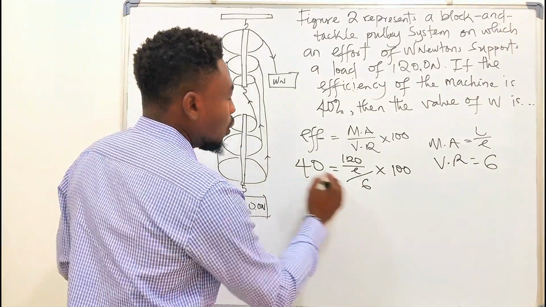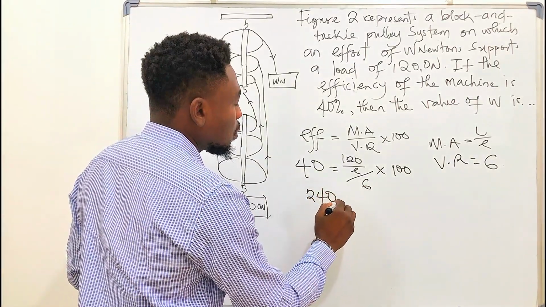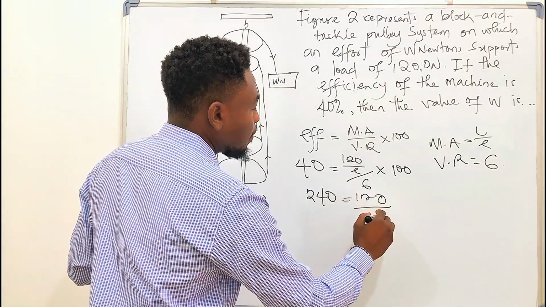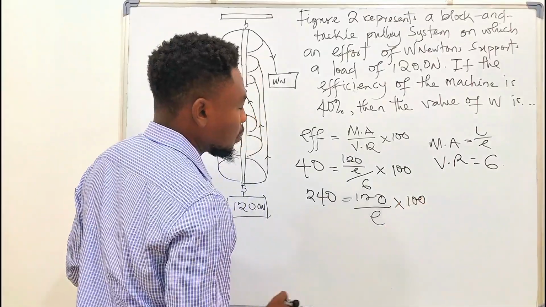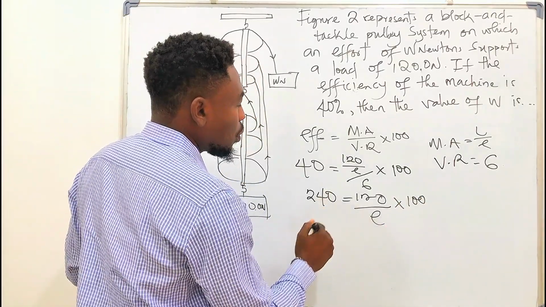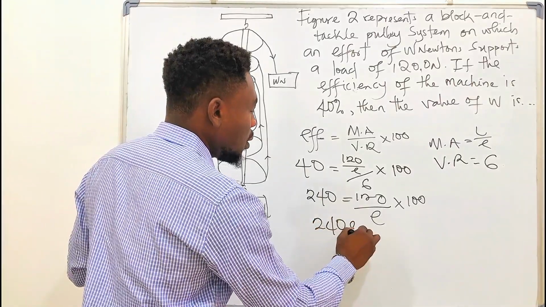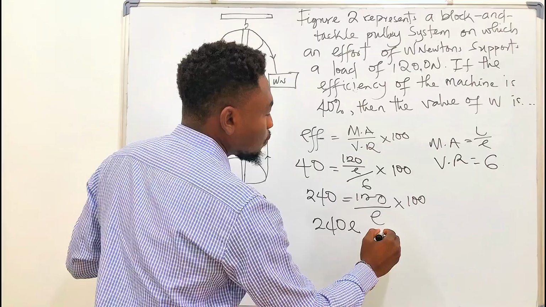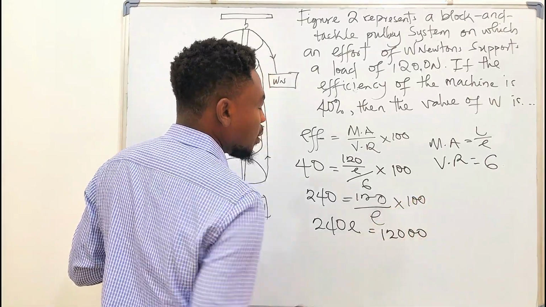So if we cross multiply, we have 240 equal to 120 over effort times 100. So cross multiplying again and then multiplying this, we have 240 times effort equal to 120, then 00, because we're multiplying it by 100.